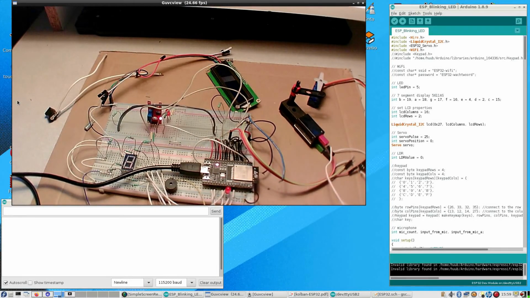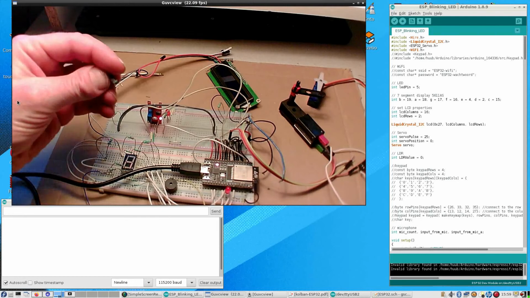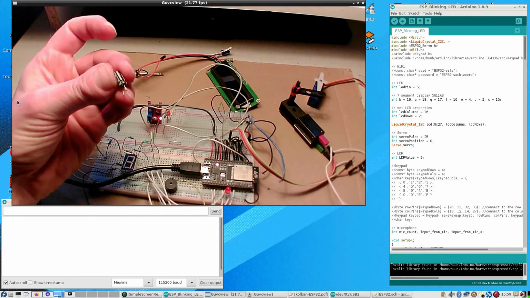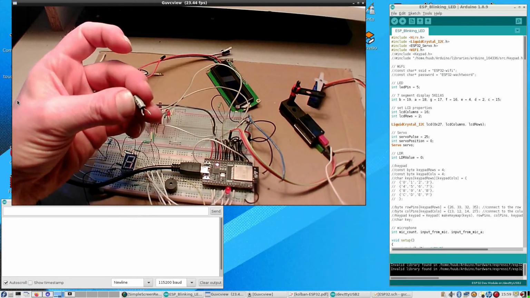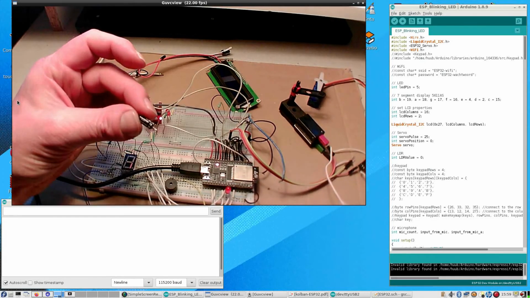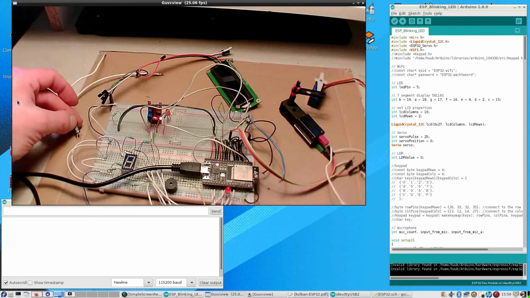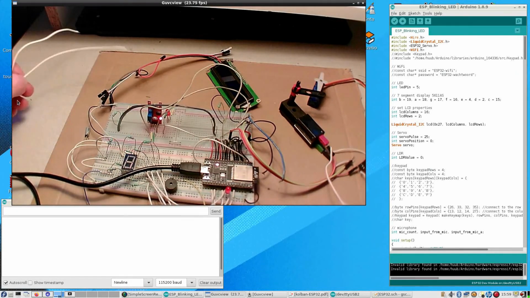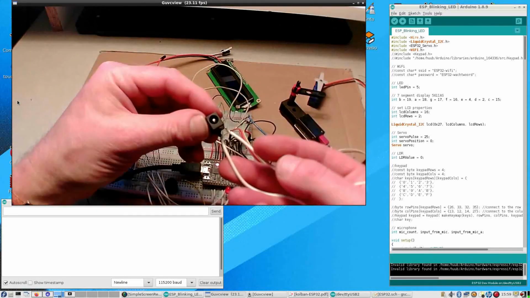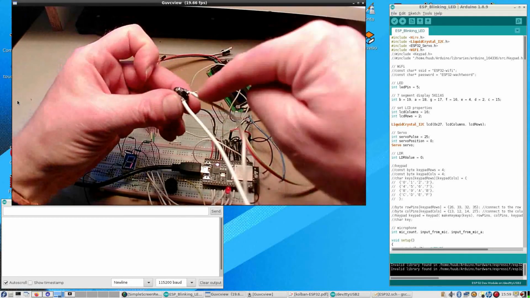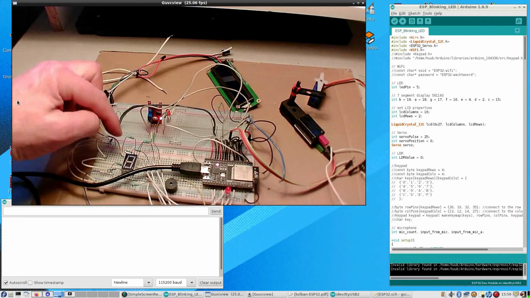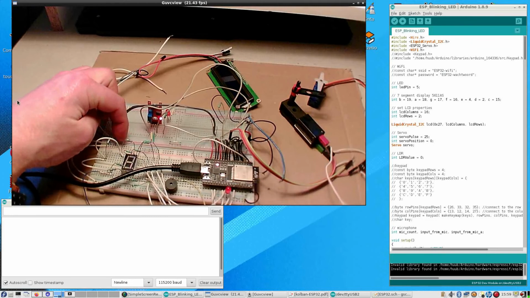Okay, so now I have a 10 microfarad capacitor, actually an electrolytic capacitor, because it has a plus and a minus, but anyway, 10 microfarad. I have constructed a power connector, plus minus, and they could go in here somewhere.